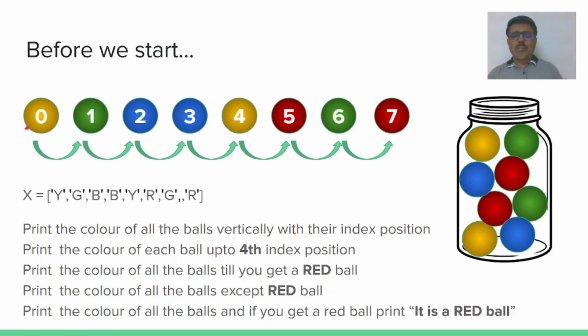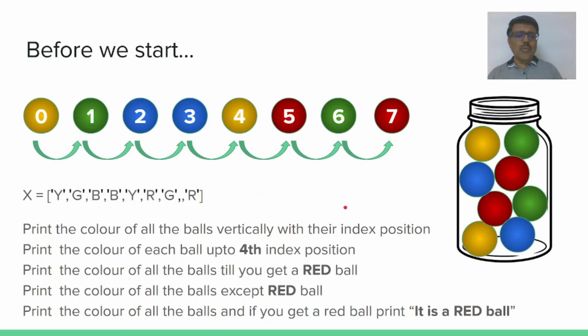Because we all know that in the Python programming language, the index number starts from 0. So instead of marking it as 1, I'm putting the index numbers as 0, 1, 2, 3 like that. So now I've given the values as they are.